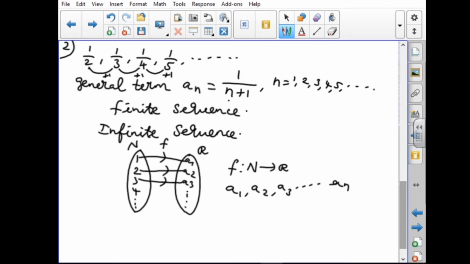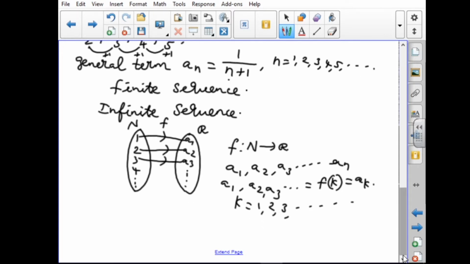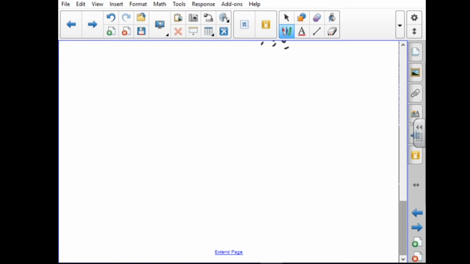We can write in the function form a1, a2, a3, etc. It is equal to f of k. f of k equals what? a_k. Here k equals the natural numbers 1, 2, 3 like that, etc. So, we have to see about the definitions of the functions. Next one, we are going to see that exercise.